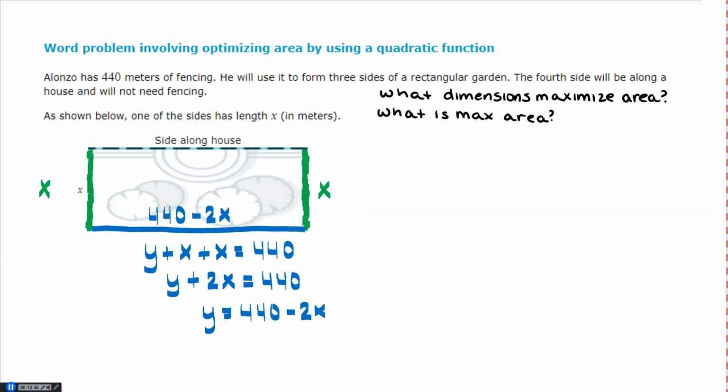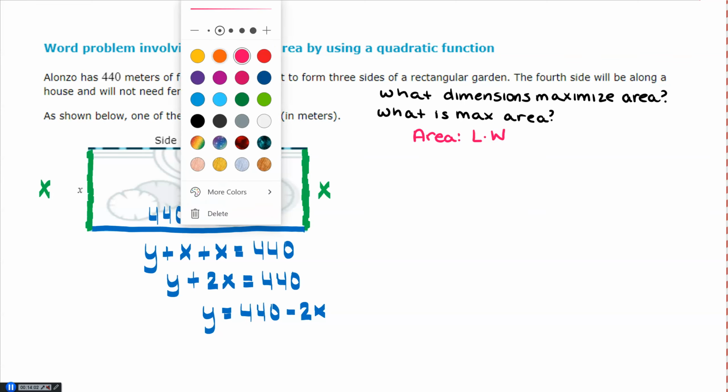Now we want to maximize the area. So the area of a rectangle is length times width, or base times height, however you remember it. And basically in my picture, it's just green times blue.